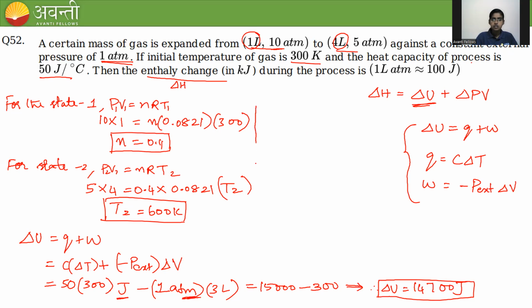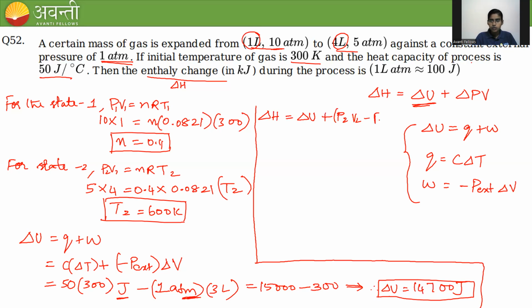Now we can substitute this delta U in the delta H equation. So delta H is going to be equal to delta U plus the change in PV, that is P2 V2 minus P1 V1, right? So delta U is 14,700 plus P2 is 5 and V2 is 4, P1 is 10 and V1 is 1.